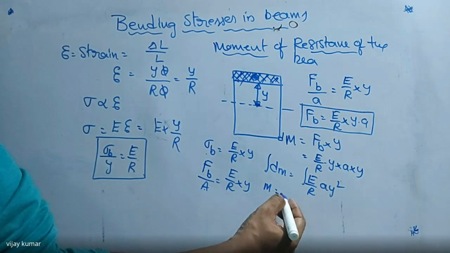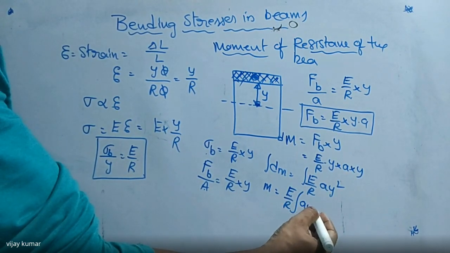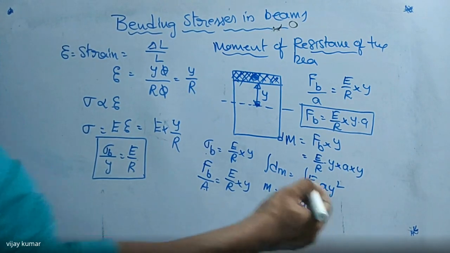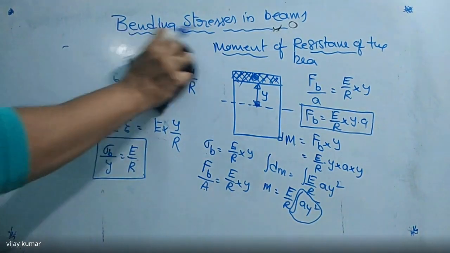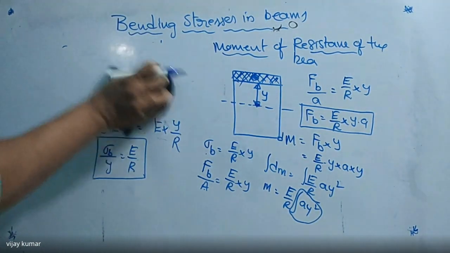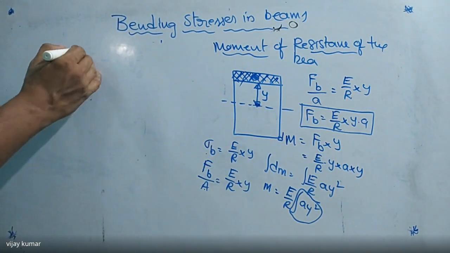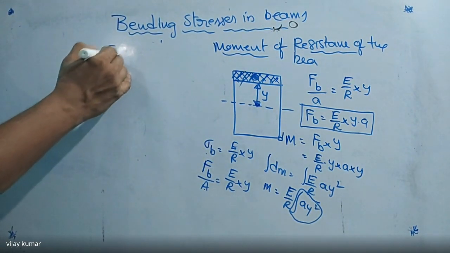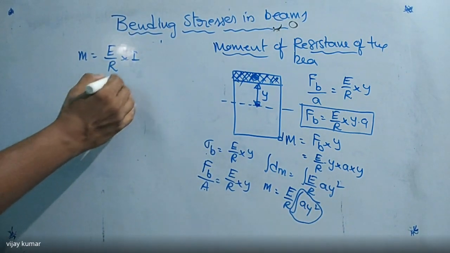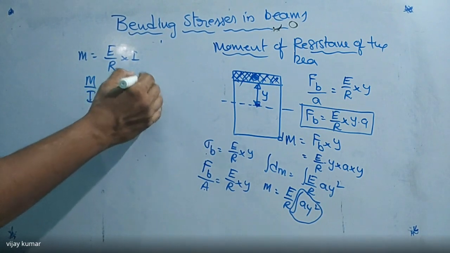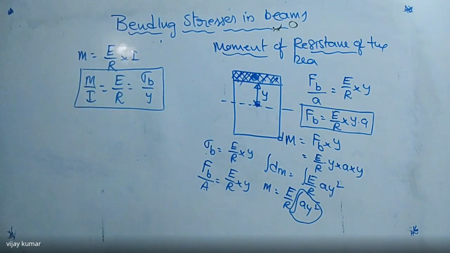M is equal to E by R into the integral of A into Y square. What is this value? It is the second moment of inertia, indicated by I. So M is equal to E by R into I. Then M by I is equal to E by R, which is equal to sigma_b by y. This is the bending equation.